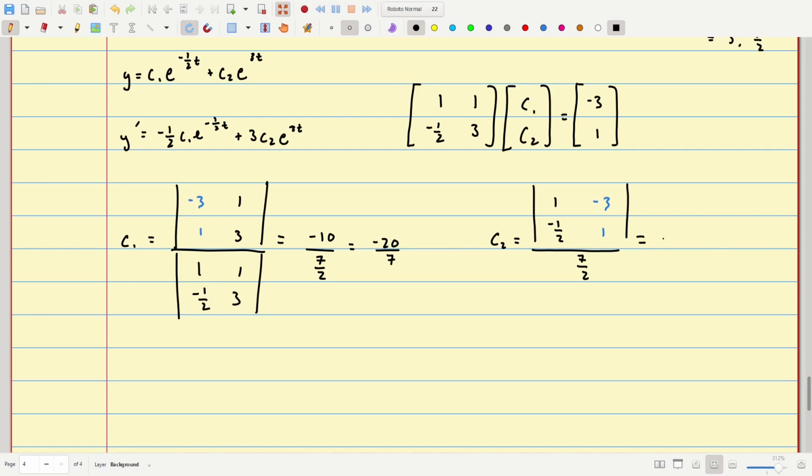So it's 1 minus 3/2, so we're going to get negative 1/2. And so this simplifies to negative 1/7. Putting everything together, we can write down that our general solution is negative 27 e to the negative 1/2 t minus 1/7 e to the 3t.